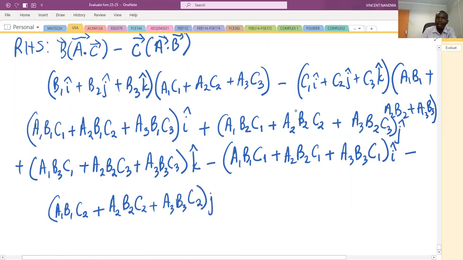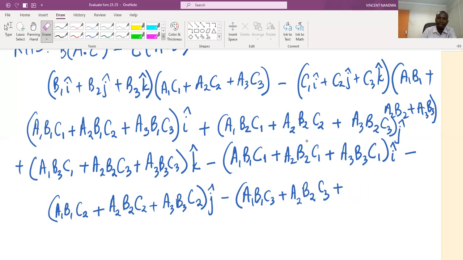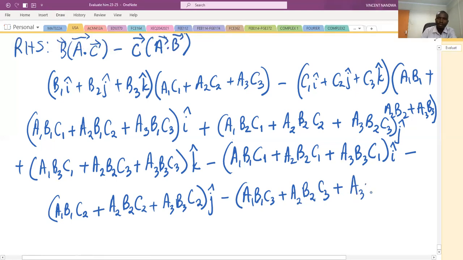This will be J, a negative A1 B1 C3 plus this by this will have A2 B2 C3 plus this by this will give me A3 B3 C3. So have this A3 B3 C3, then this is K.